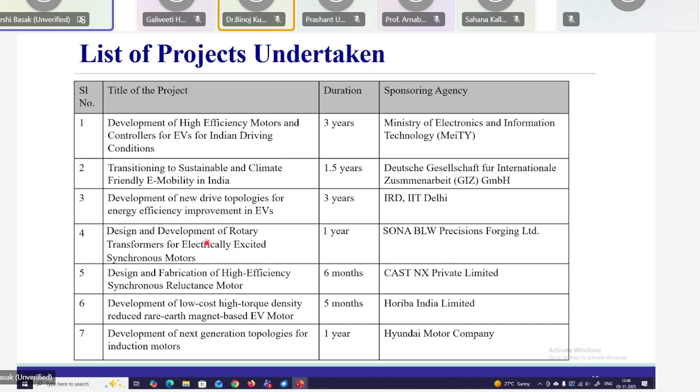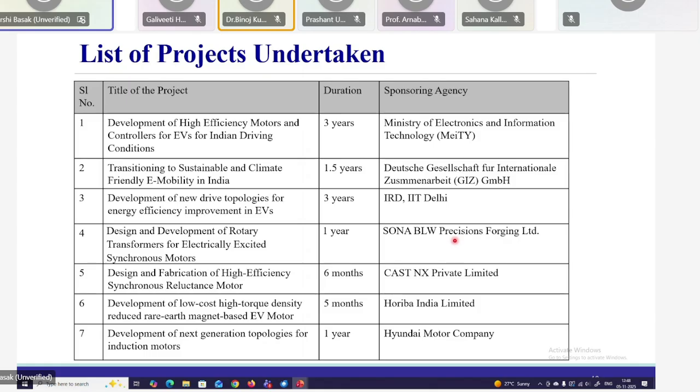After that, we are in the development phase. We are in touch with Sona Comstar and BLW, and we are working with their team for the development of a rotary transformer for electrically excited synchronous motors. Basically this is also to reduce the content of rare earth magnets and go for electrically excited machines, where you have the brushed motor.